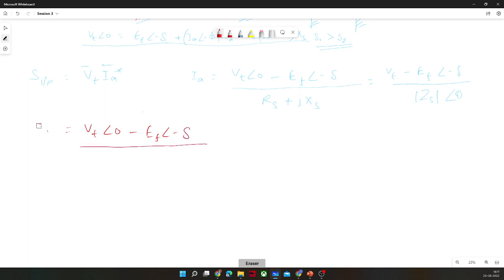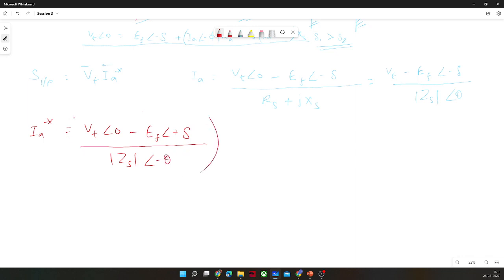So now I am going to calculate Ia conjugate. While taking the conjugate, we just have to change the sign of the angle. Since it was minus delta here, I will change it to plus delta, over mod Zs angle minus theta.